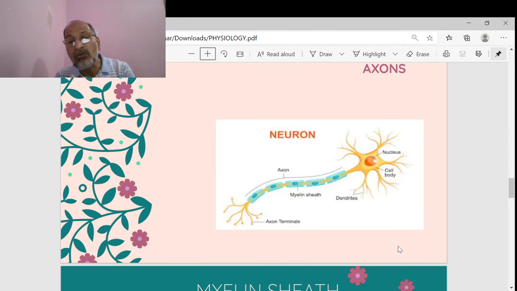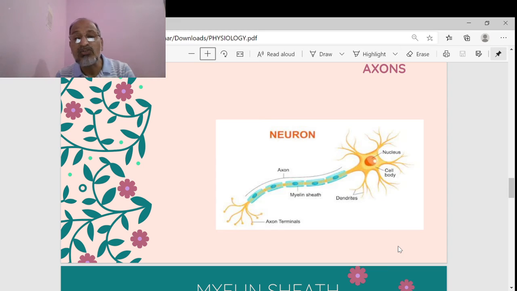This axon, within its tube, contains cytoplasm, but it lacks the mitochondria, Golgi apparatus, ribosomes, and so on, which are contained within the dendrites but not in the axon.